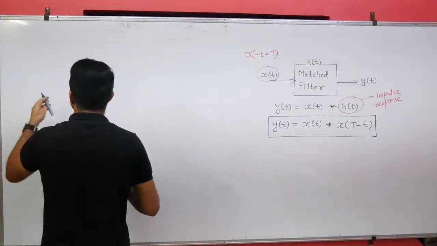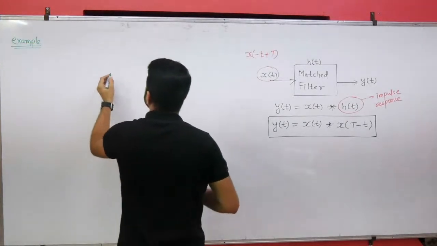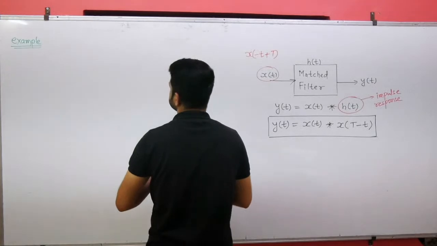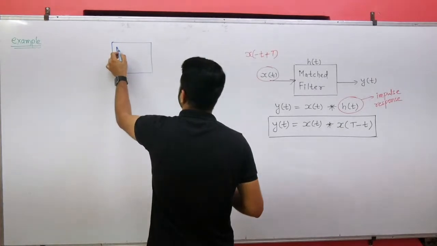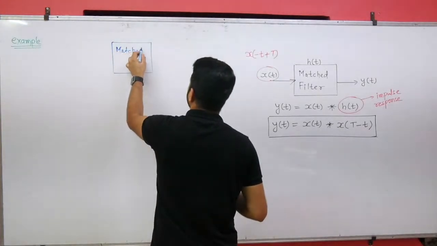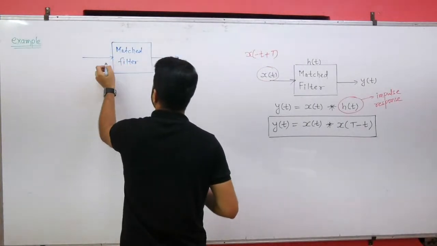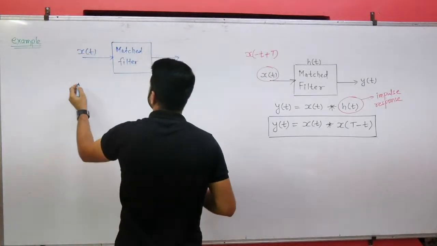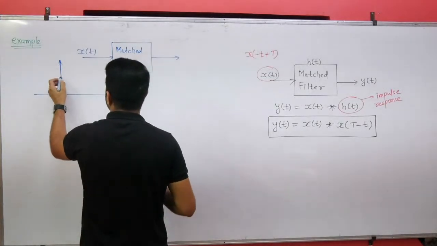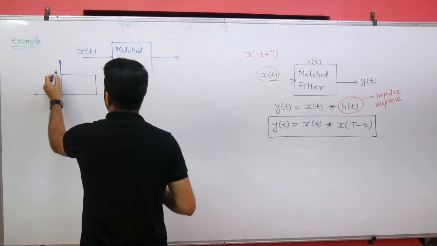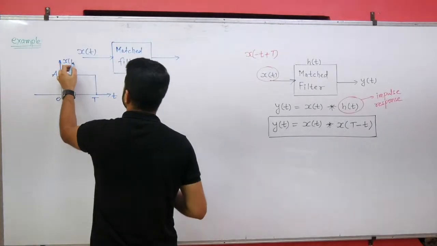Now, for example, if there is a matched filter, at the input we have x of t, and this input has amplitude A and duration T. Okay, this is the input.